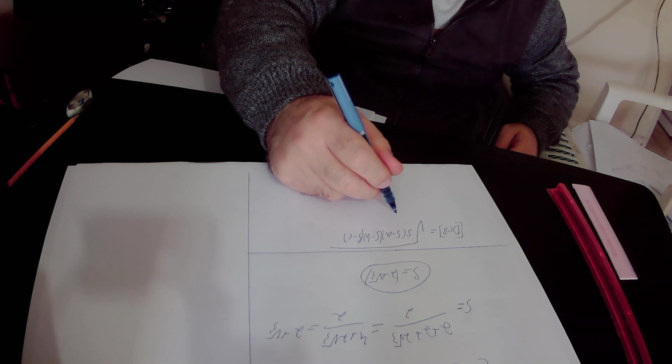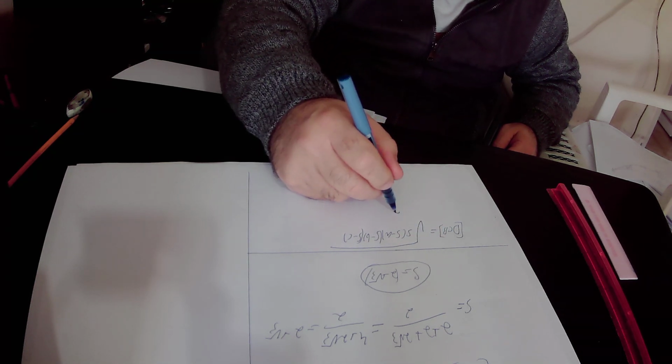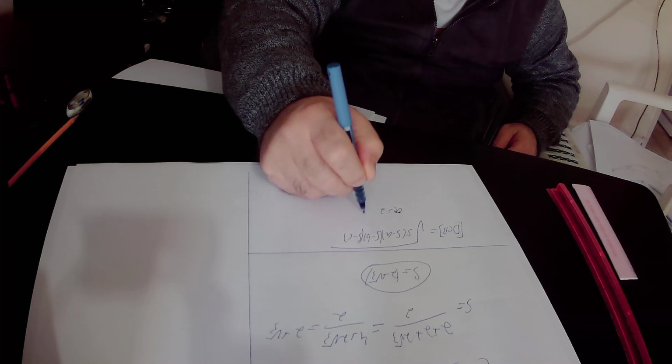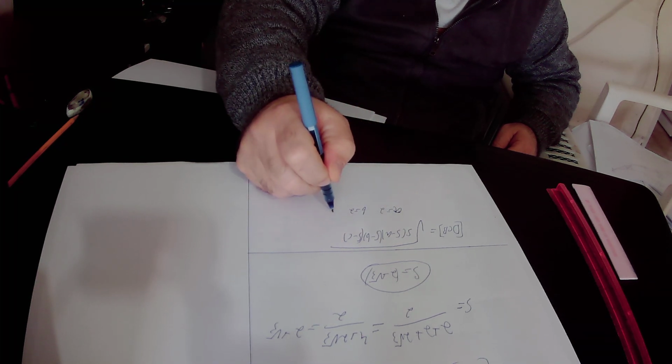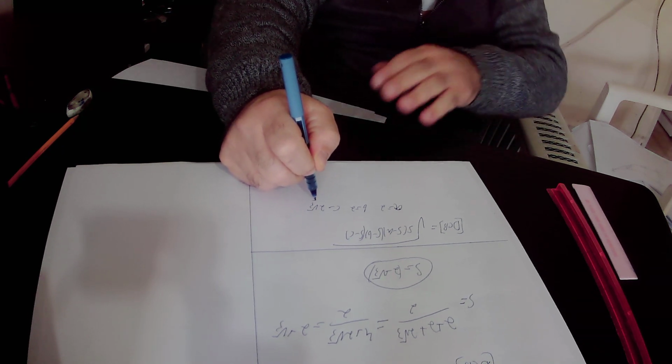A, B and C are the side lengths of triangle DCB. We know that A equals 2 units, B equals 2 units, and C equals 2 times square root of 3 units.